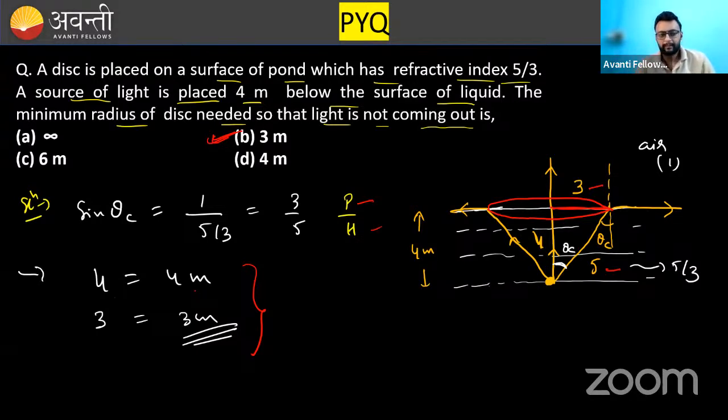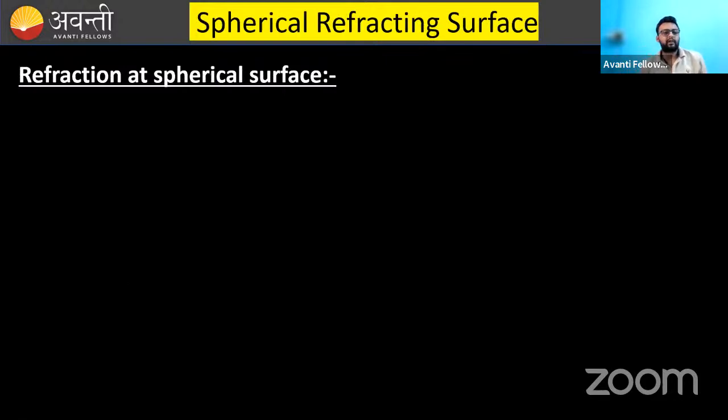Now moving further. Refraction at spherical surface. Till now we were discussing refraction at plane surface. Now refraction at spherical surface. Two kinds of spherical surfaces are there.